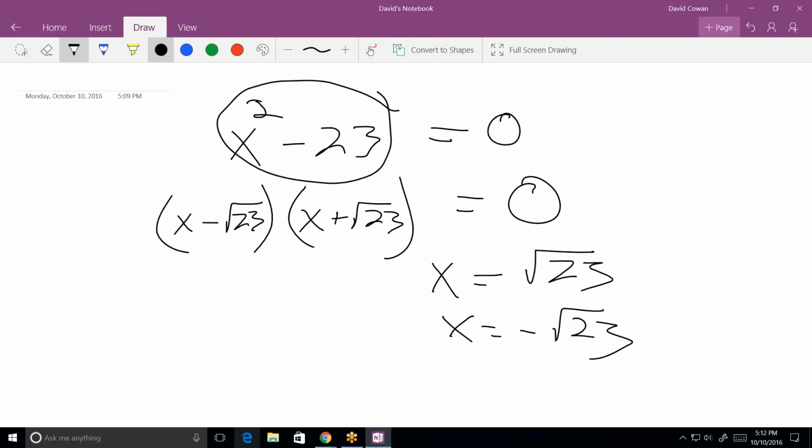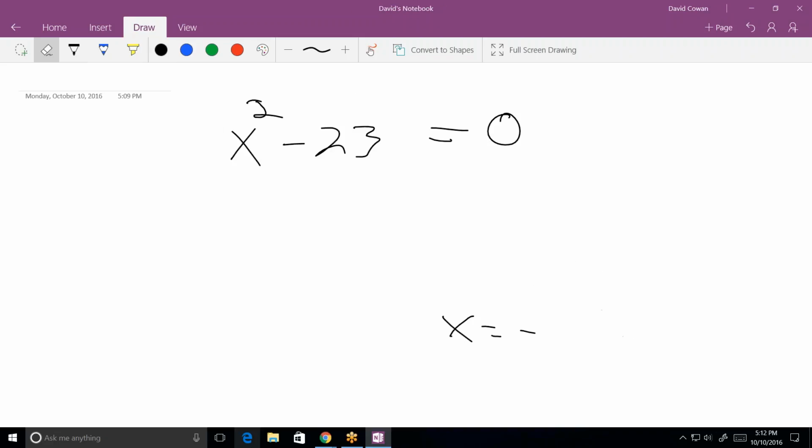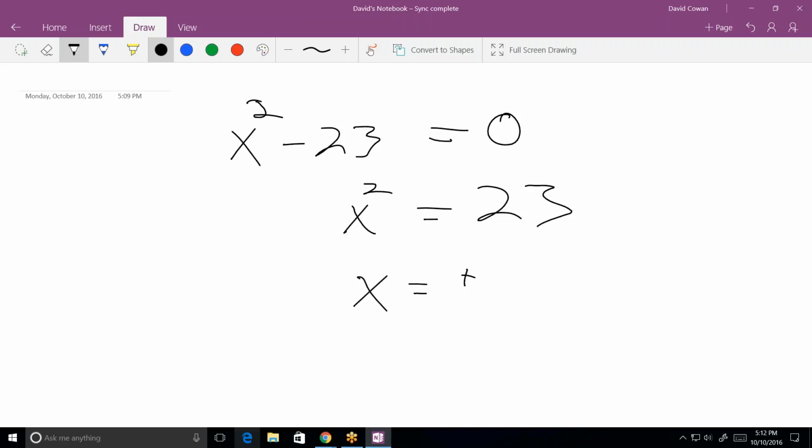But the way they want you to do this problem in this particular concept, where they say use radicals, is like this: move the 23 over, and now take the square root of both sides, so you have x equal plus or minus the square root of 23. Same answers.